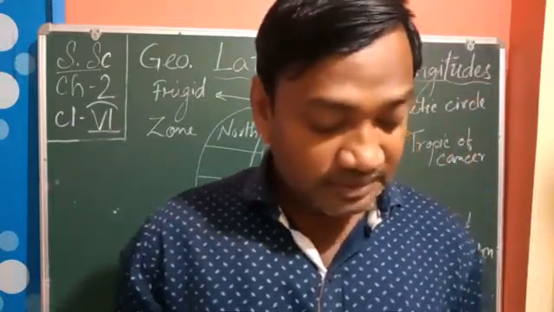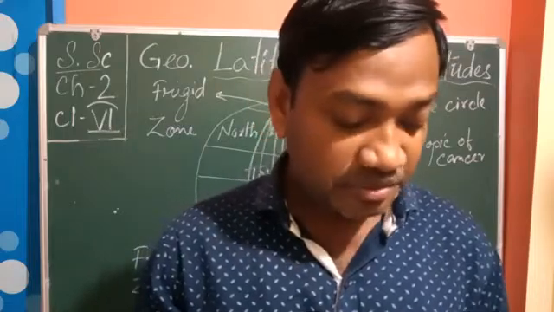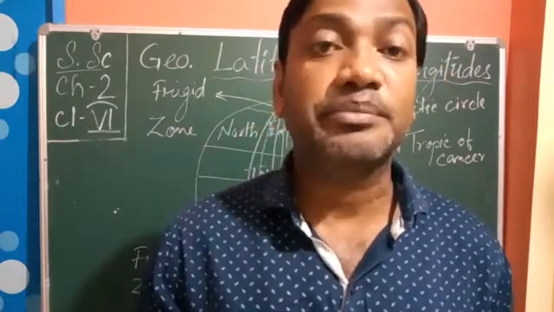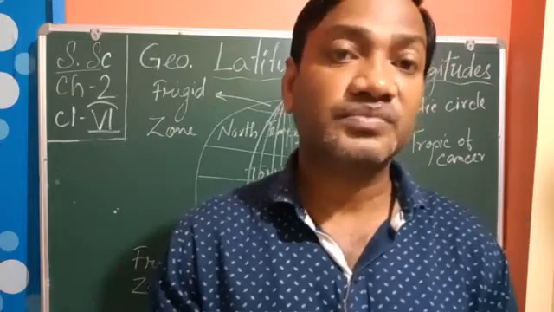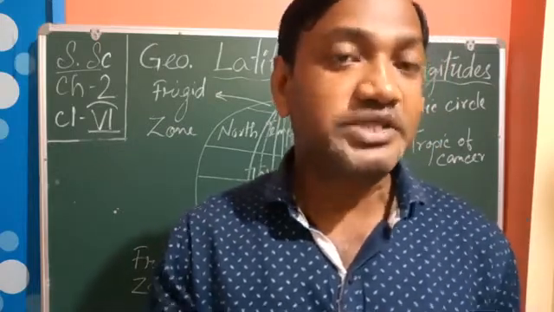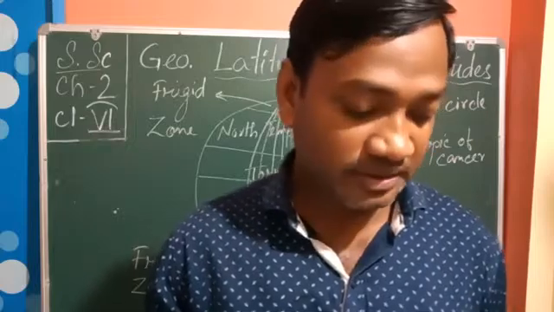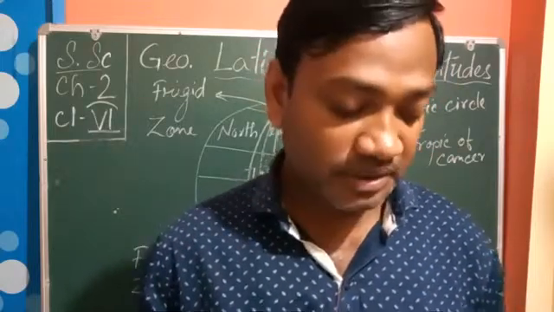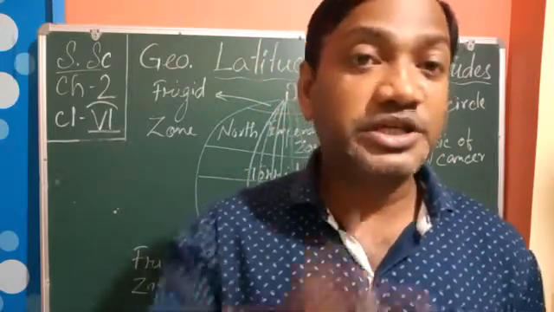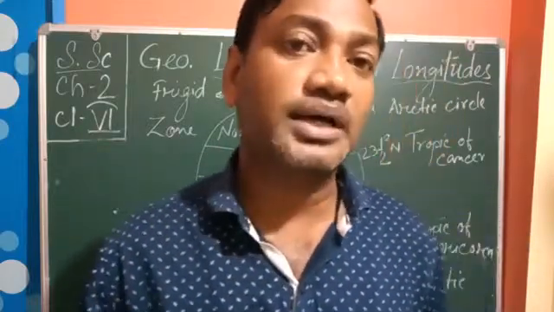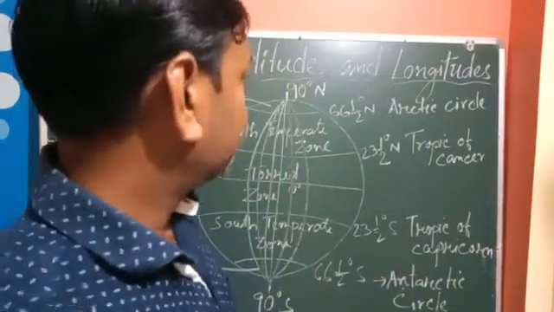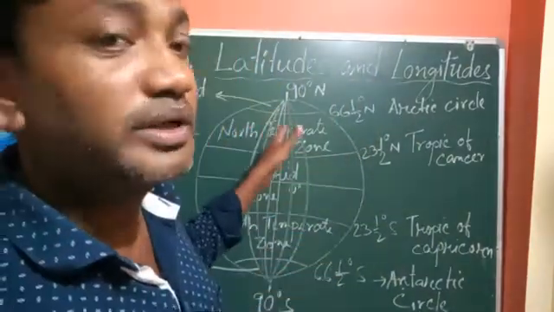And the meridian which passes through Greenwich was taken as the prime meridian. That means it is called the main meridian.